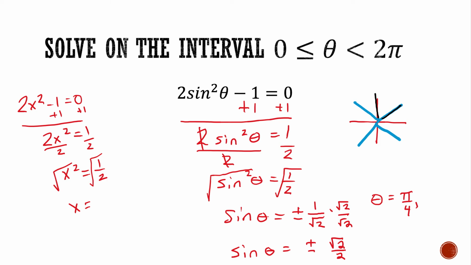This is 2 pi over 4. This is 3 pi over 4. This is 4 pi over 4, 5 pi over 4. Then 6 pi over 4 and 7 pi over 4.